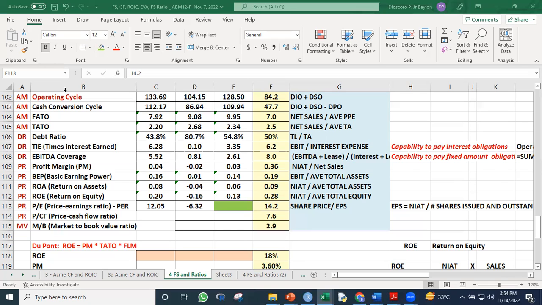Okay, anyone, please? Okay, chat, waiting for you to chat. Pakihanap yung PER ni Globe, ni Smart, ni PLDT. Yung price per earnings ratio nila. Waiting for somebody to put in the chat box yung nakita nila kung ano yung PER ni Globe, ni Smart, tsaka ni PLDT. Price per earnings ratio.